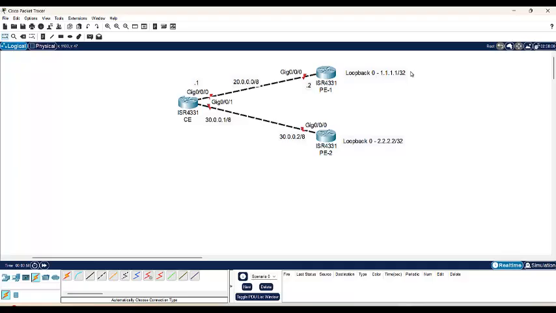I want to repeat again. A loopback interface we create whenever we want an interface with an IP address. But that interface is not for connecting any computer or anything. It is just for putting an IP address so that you can ping and verify.